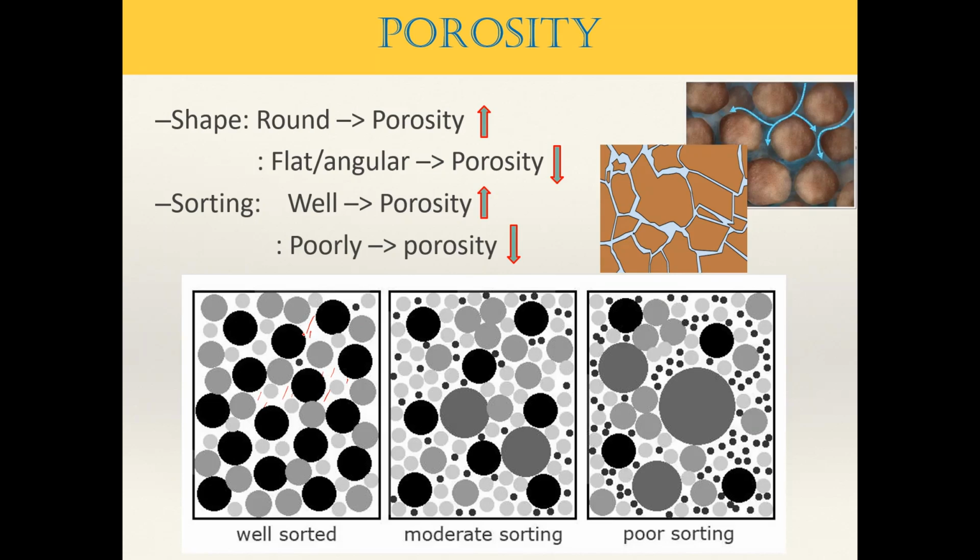So I have given you an assignment or a tutorial. I'm not sure how it will be given to you, but in the first question of that assignment, I have asked you to find the porosity when the particles are the same size and exactly round in shape.